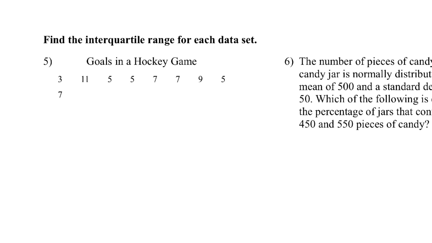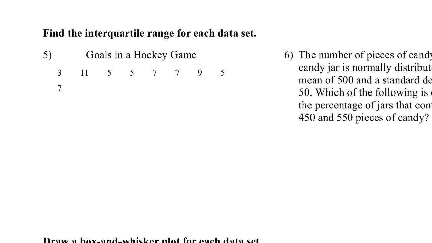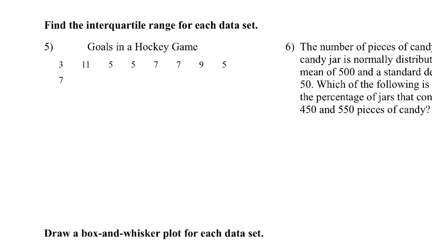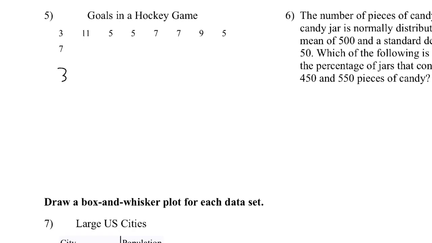Here we're going to find the interquartile range. So that involves basically almost making a box plot. We don't have to, and here's why. So we can order the data. Sorry about that. 3 is the smallest, and then 5, 1, 2, 3. 1, 2, 3. Then 7, 1, 2, 3.